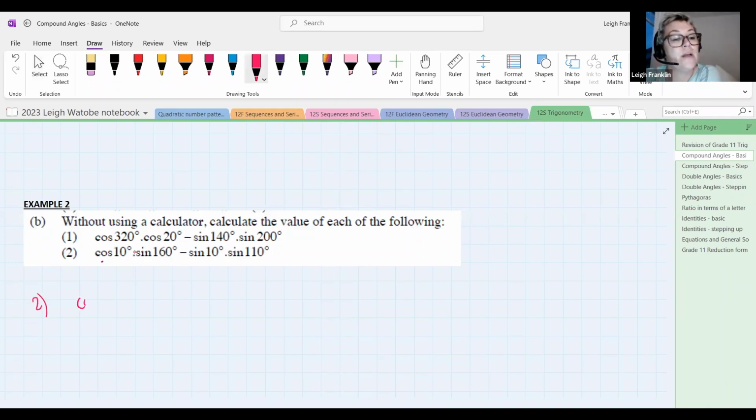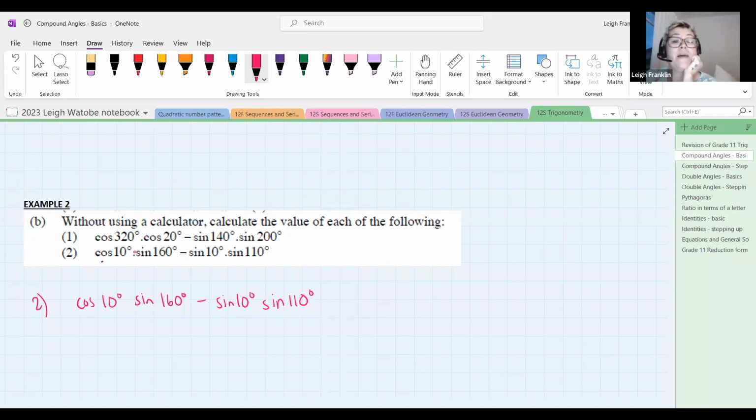So they've given us cos 10 sine 160 minus sine 10 sine 110. Now this one is a bit weird because we've got cosine and then we've got sine.